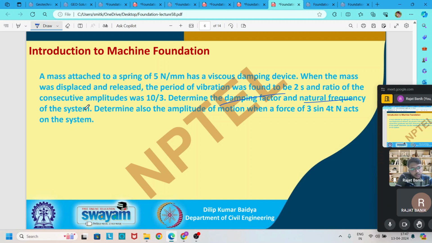So we know that K is given, which is 5 Newton per mm. You have to convert it into Newton per meter, so it is 5000 Newton per meter.